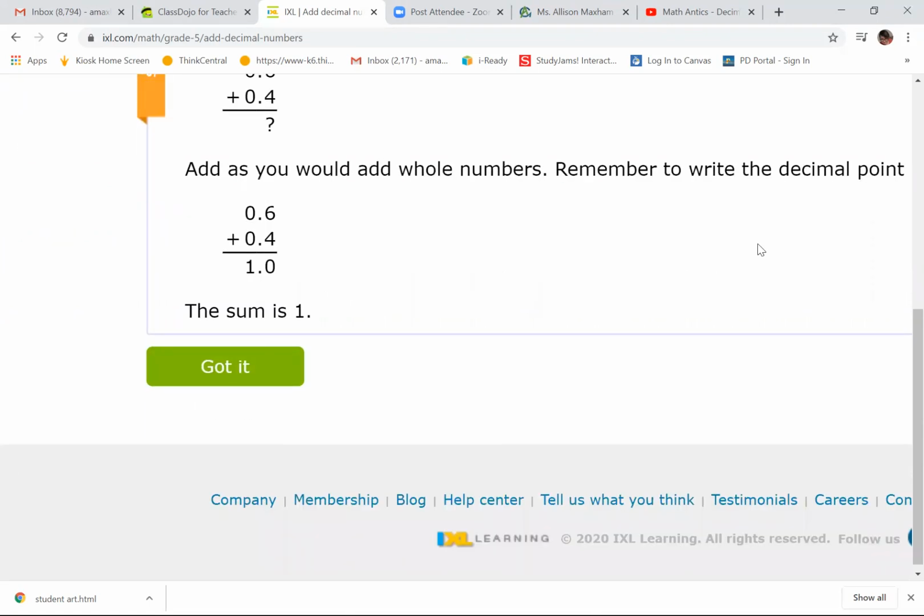So just like 6 plus 4 is 10, well, give me my pencil back. This is 6/10. And this, not that one, is 4/10.